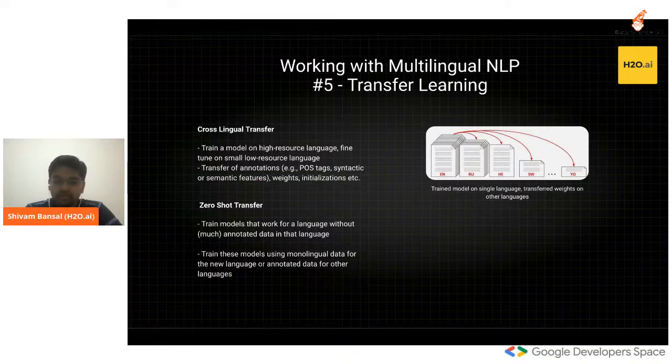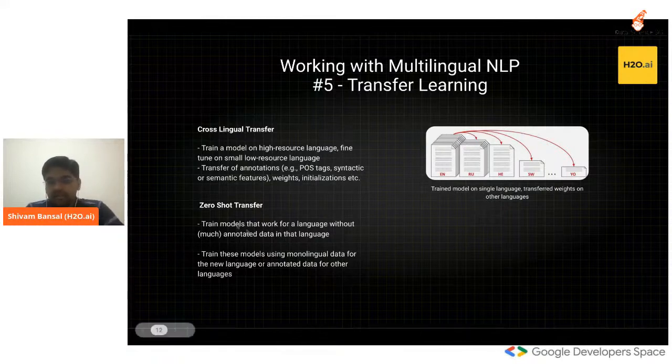We have used this idea of transfer learning in some of the local APAC languages as well, and we have achieved some state-of-the-art results. In fact, in today's hands-on session, we will also see how to use some of these transfer learning ideas within our platform.